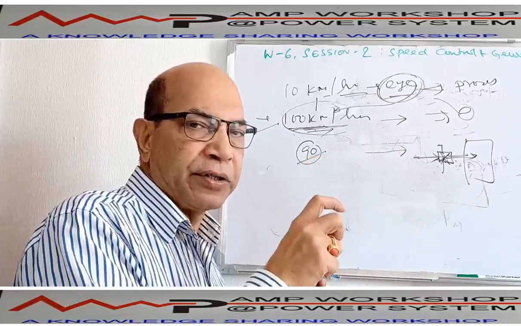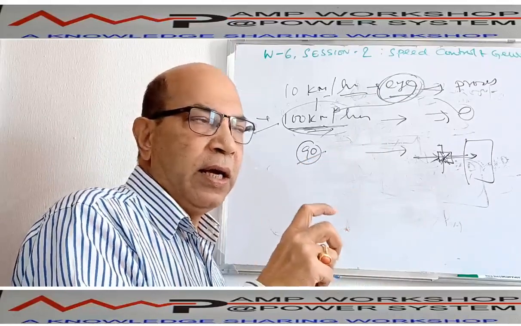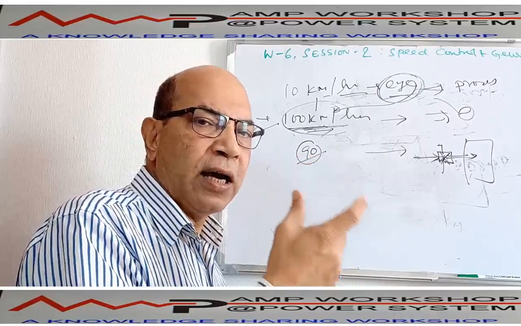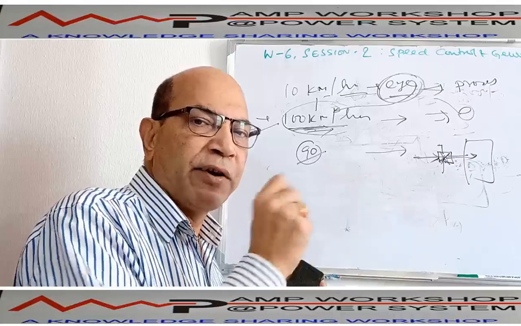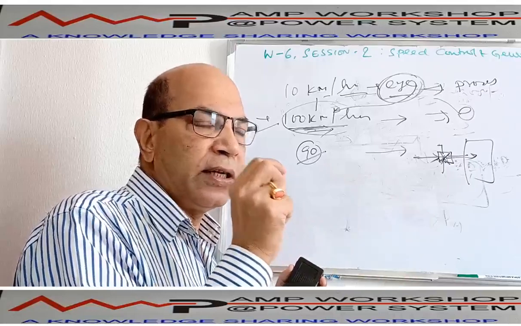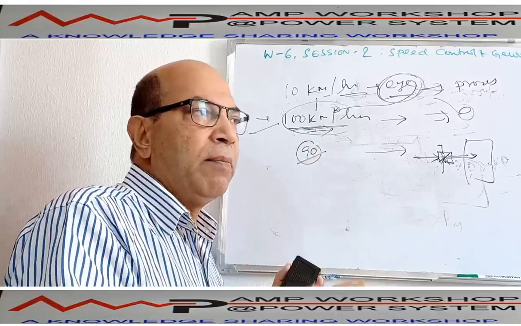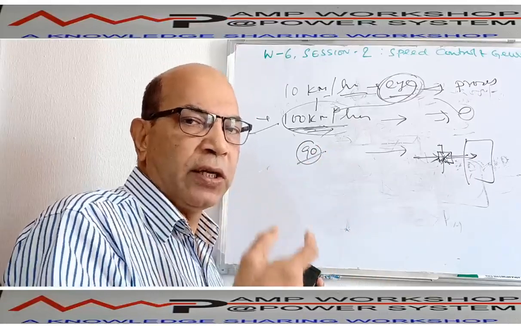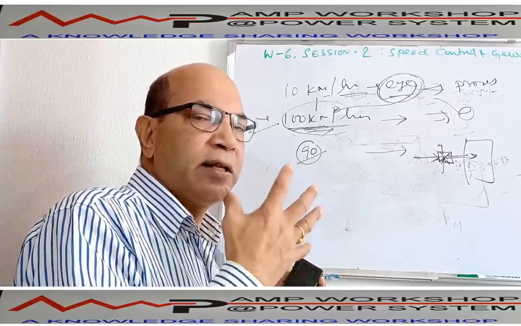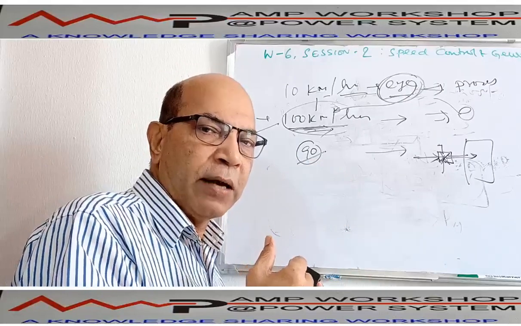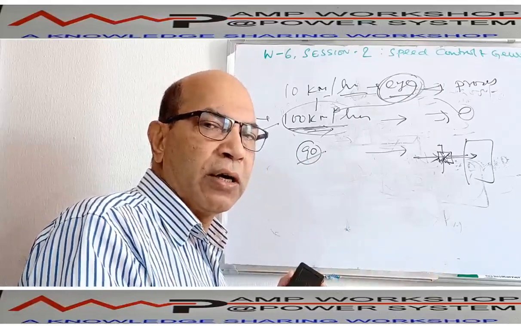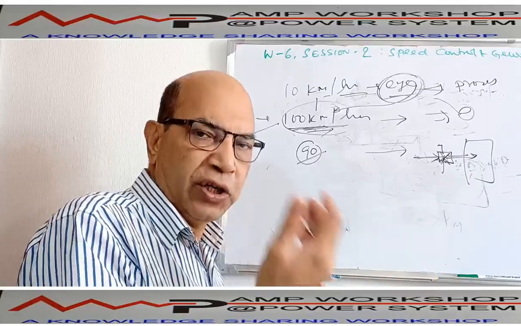If there is a difference, either positive or negative, immediately the processor will calculate the error signal or the difference signal. And the difference signal will be further processed by the controller. With the control processing, there are three different types of controller available. We call them the proportional controller, integral controller, and differential controller.